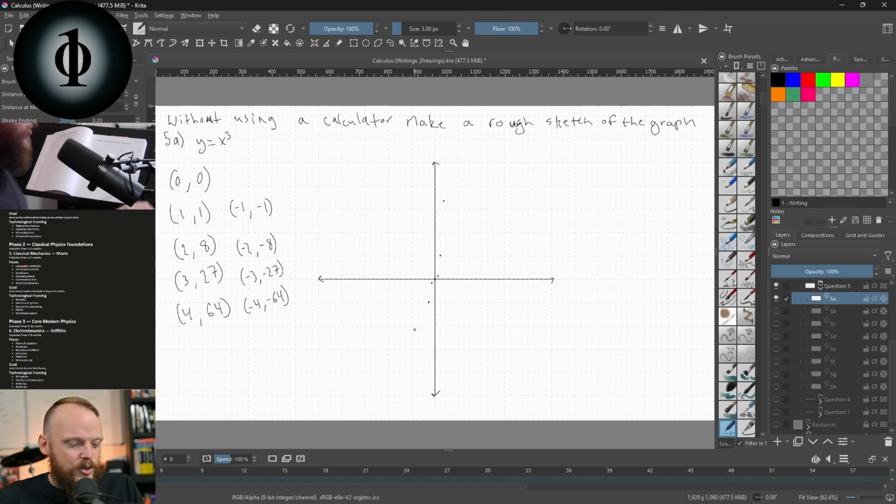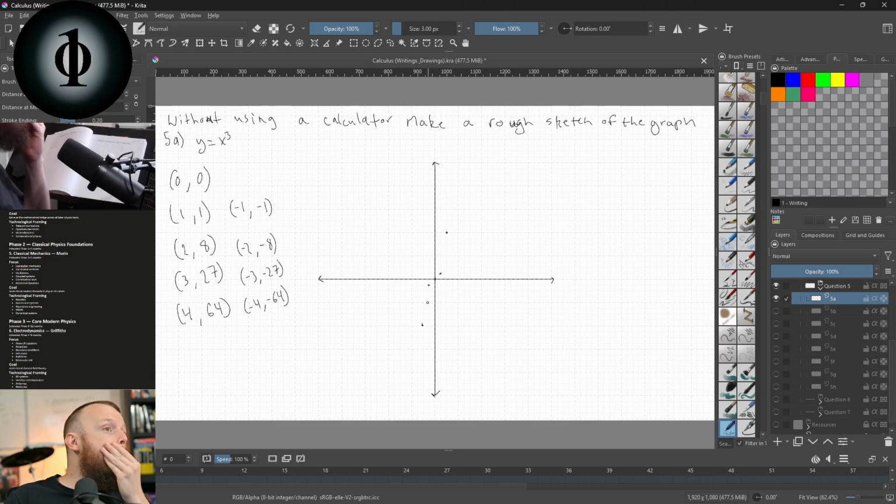I don't like how much it'll hug the Y. So no, we're going to space it back out. 1, 1. -1, -1. 2, 8. -2, -8. Wait, down here. 3, 27. We already don't have it.